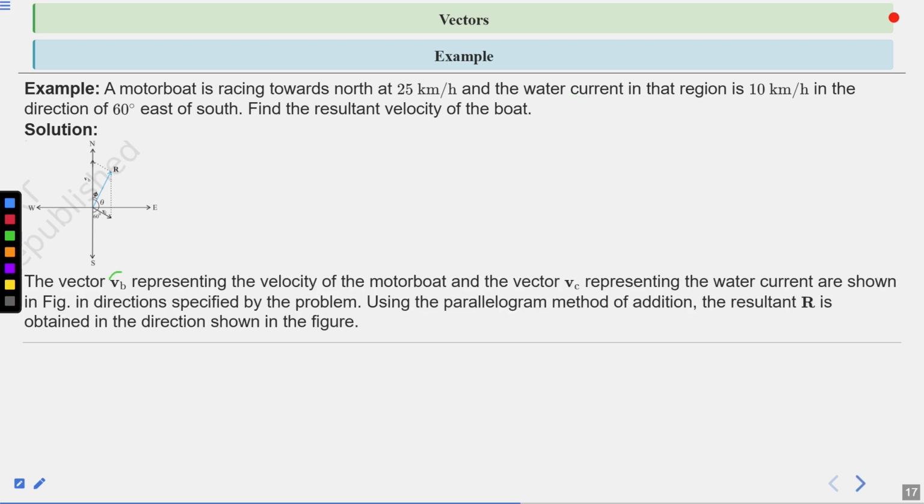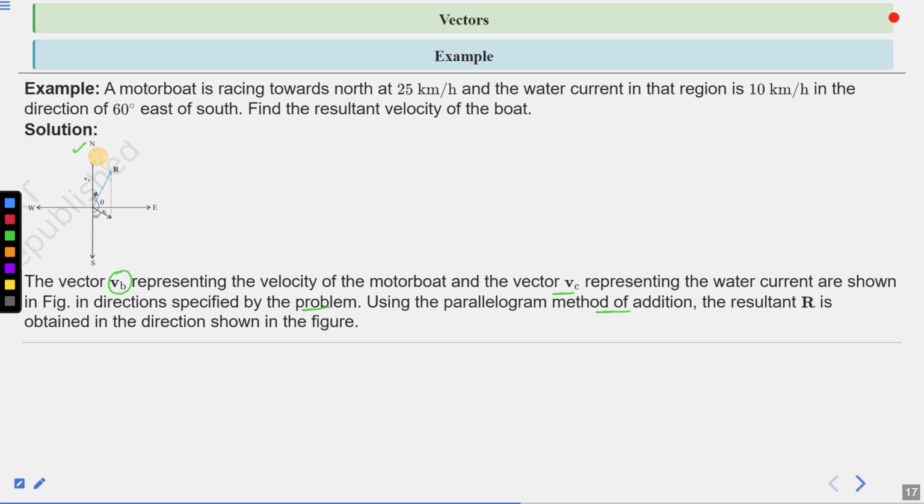So vector Vb representing the velocity of the motorboat and vector Vc representing the water current are shown in the figure. In the direction specified by the problem, using the parallelogram law of vector addition, the resultant R is obtained in the direction shown in the figure.